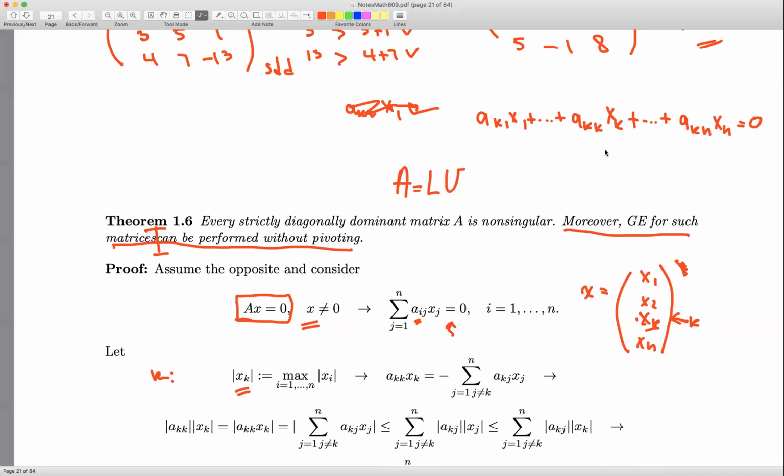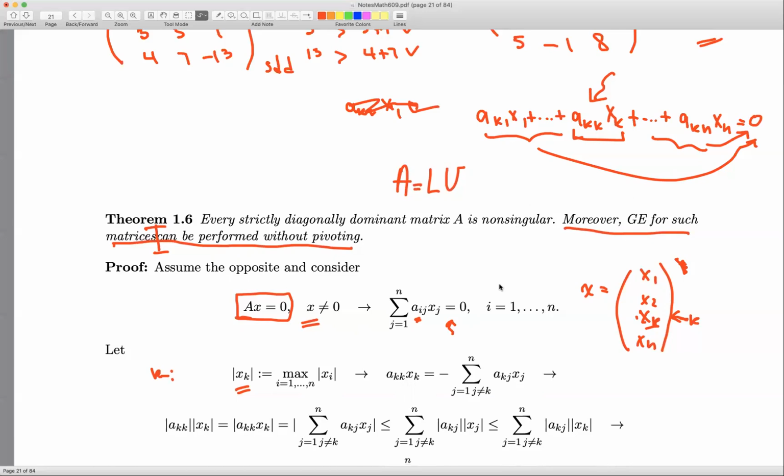We leave this term on the left-hand side and move the rest to the right. So we write akk xk is equal to minus the sum of akj xj, where j is from 1 to n, but j is different from k because we left this term here.